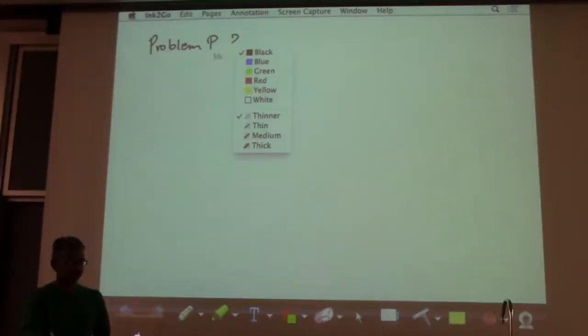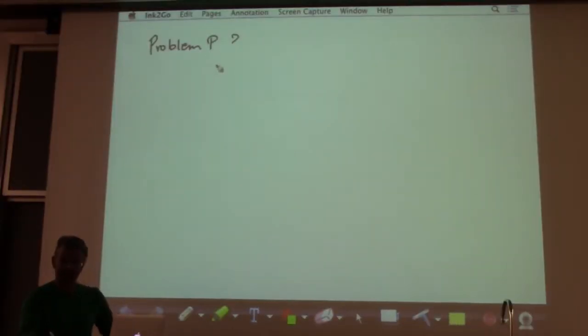So, if you think of a normal situation, I have some kind of problem, let's call this P. I don't know how to solve it, but I want to solve it. So I'm going to try and express it in terms of a subroutine.